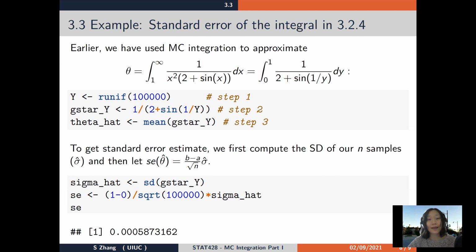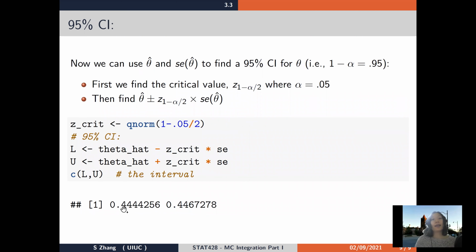And that will mean that the expected amount of fluctuation of our theta hat from the true theta is actually quite small. So using this standard error estimate, we can obtain a 95% confidence interval for the true theta, which is the integral we are trying to evaluate.